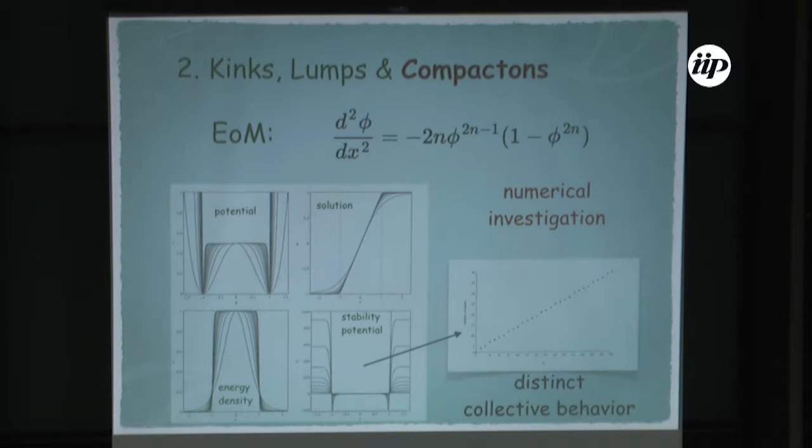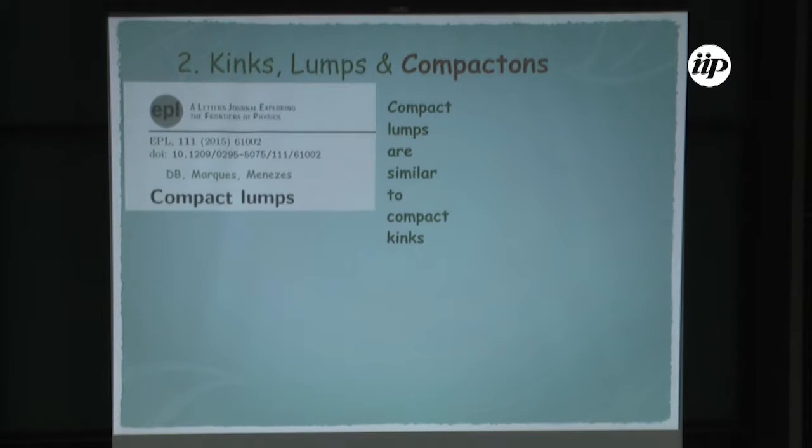Okay, but let's go a little further on this. Compact lumps are similar to compact kinks. We showed in this paper that the same potential that we invented for making the kink compactify, we can use for making the lump compactify.